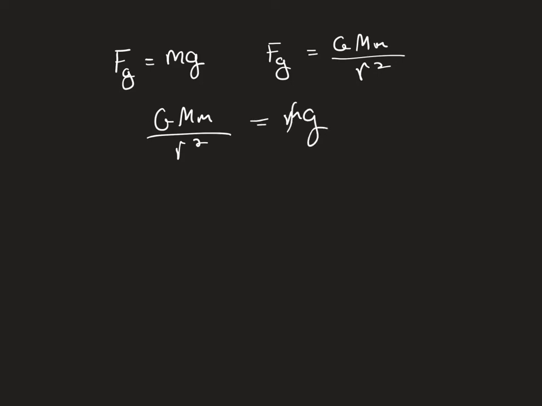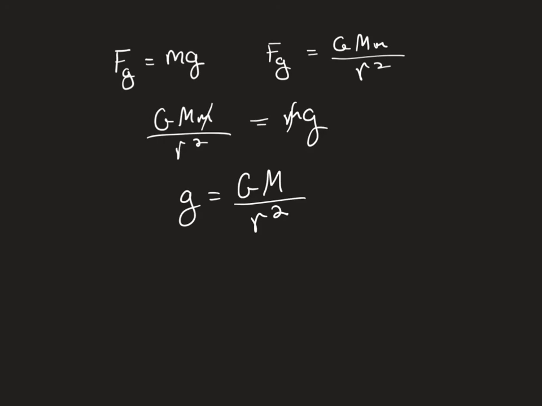And we'll notice here that the little m's cancel out. So the mass experiencing the force is going to cancel out. And so I can rewrite this as saying the gravitational field strength is equal to the gravitational constant times the mass exerting the force divided by the distance squared.